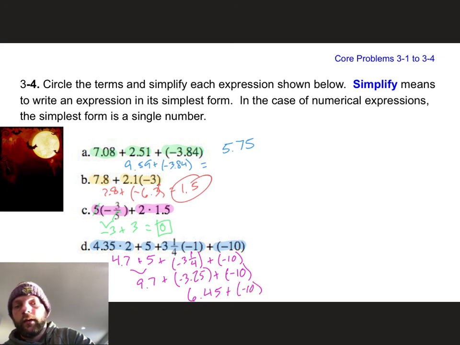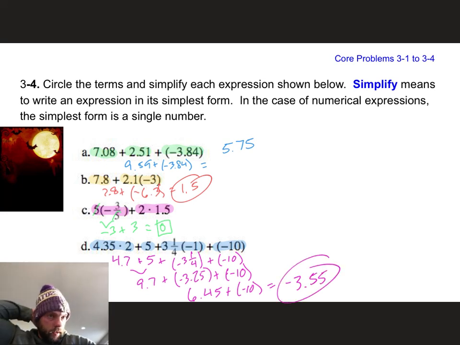And again, I have different signs, so I'm going to subtract those. So I end up with a negative 3.55. Okay? So hopefully this helps you to understand how to simplify expressions. Please feel free to go back and watch the video.